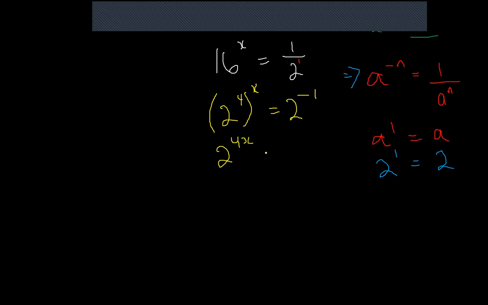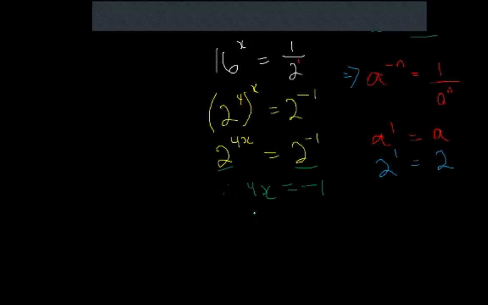Please let me know if you don't understand how I got 4x is equal to 2 to the minus 1. Now that we have the same bases, we can equate the indices. Therefore, 4x is going to give me minus 1. Therefore, oh gosh, that's too many therefores. X is going to be minus a quarter.